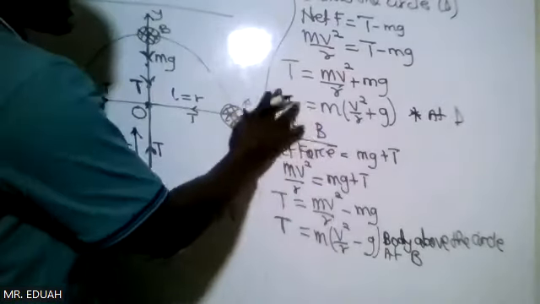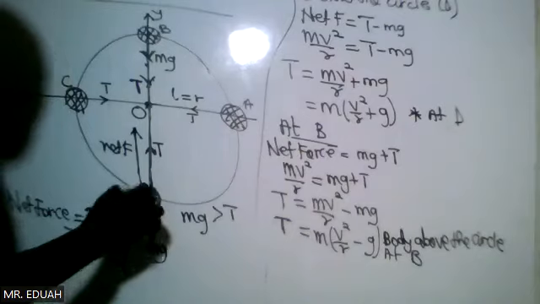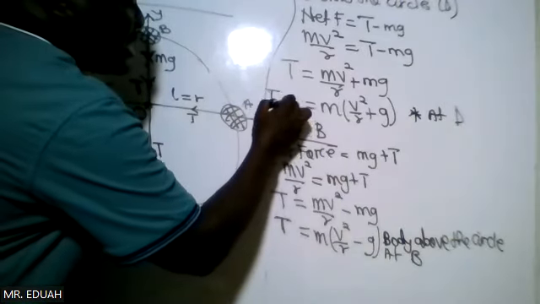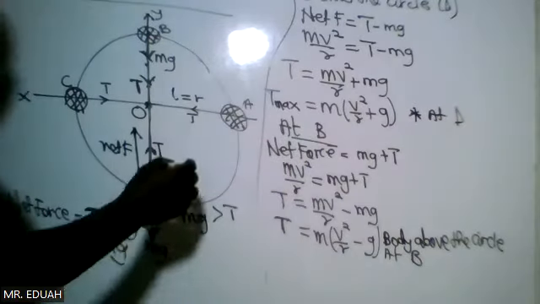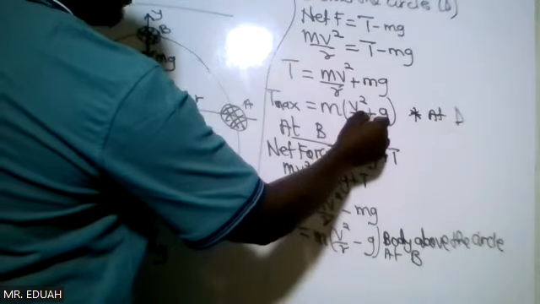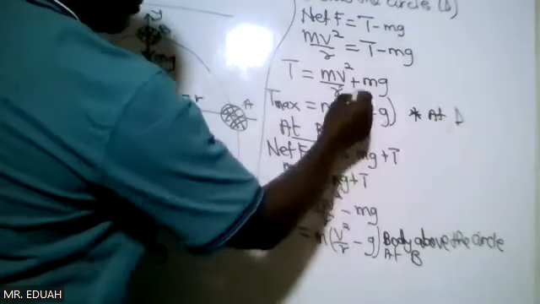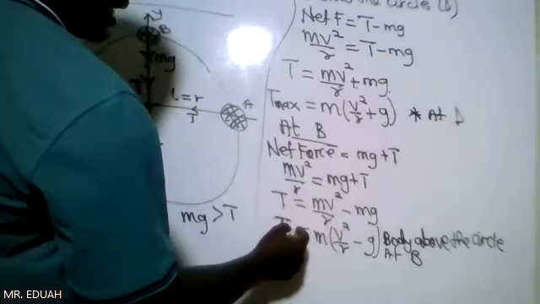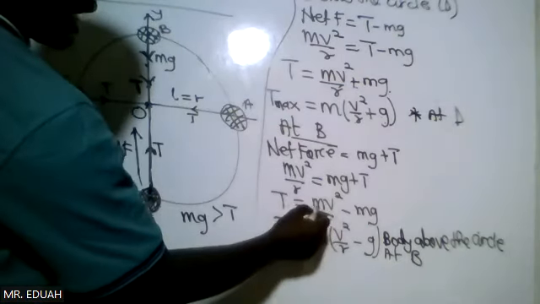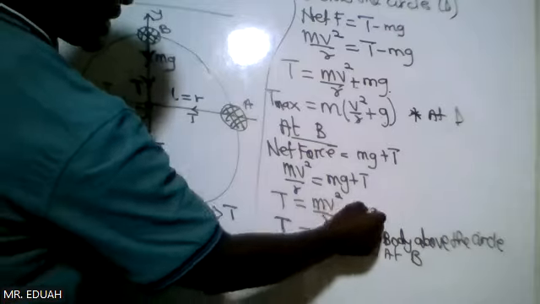So this gives us, below the circle, the maximum tension within the string, T maximum, because this is mv squared over R plus mg. Then above, we had mv squared over R minus mg.